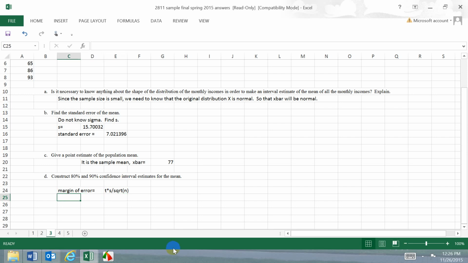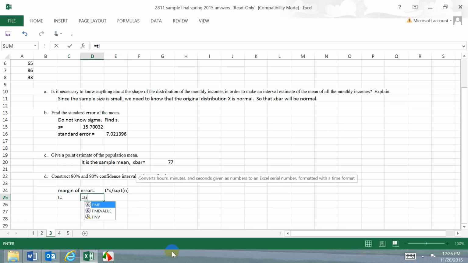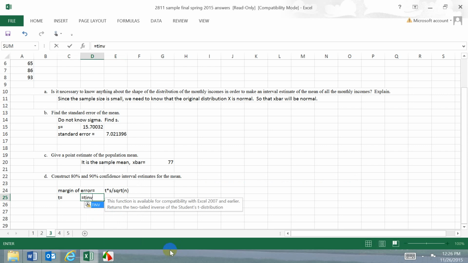So T, we're going to take T inverse. Now remember how this works. The probability that it wants is 1 minus the confidence level. So if the confidence level is 80%, then it's going to be 0.2. It's the part that's in the sum of the two tails.